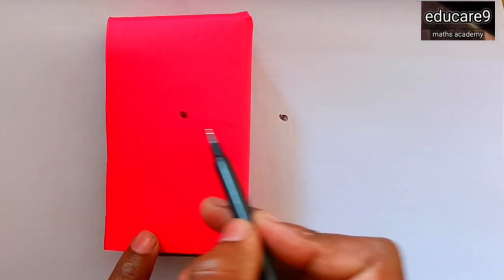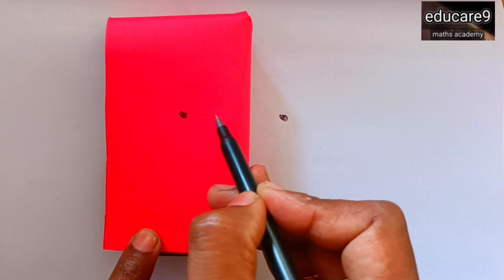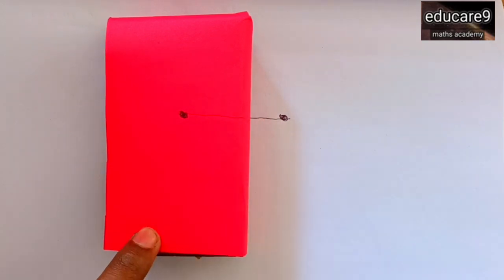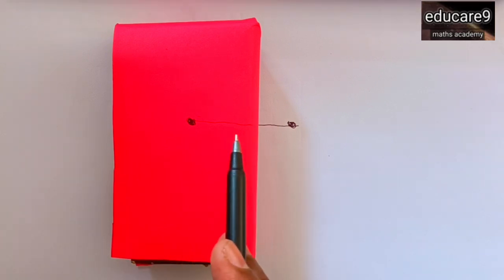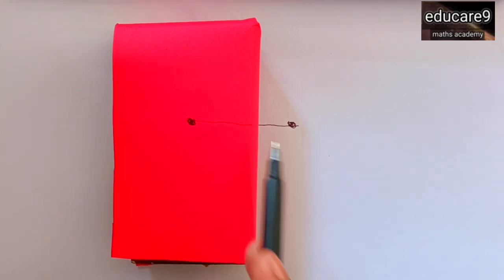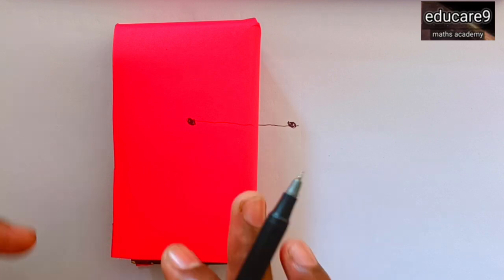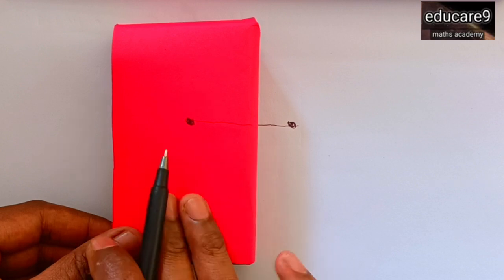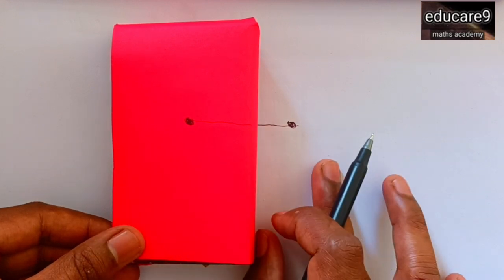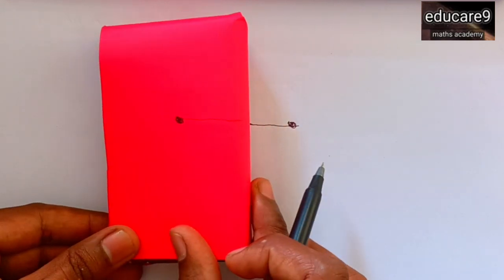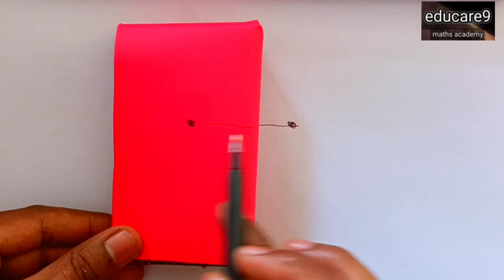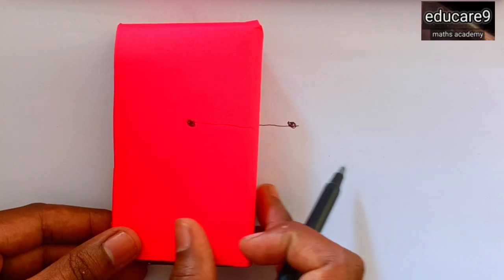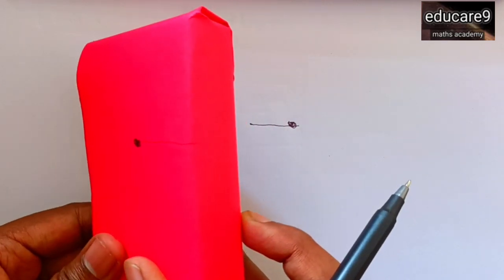The line joining these 2 points does not lie entirely on the same surface. This point lies on this surface and this is another surface. So clearly the line joining these 2 points does not lie on the same surface, which means it is not a plane.